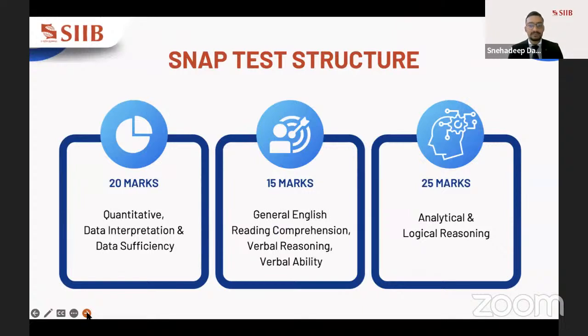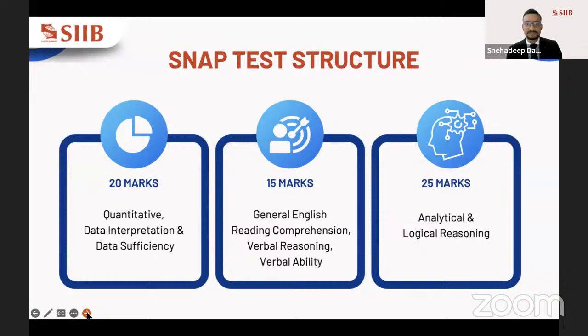SNAP's test structure is basically divided into three parts. For the quantitative, data interpretation and data sufficiency, you have 20 marks. For the VARC part, 15 marks, and for the LR part, it is 25 marks. So it is basically a 60 marks exam for 60 minutes. It is a time intensive exam.